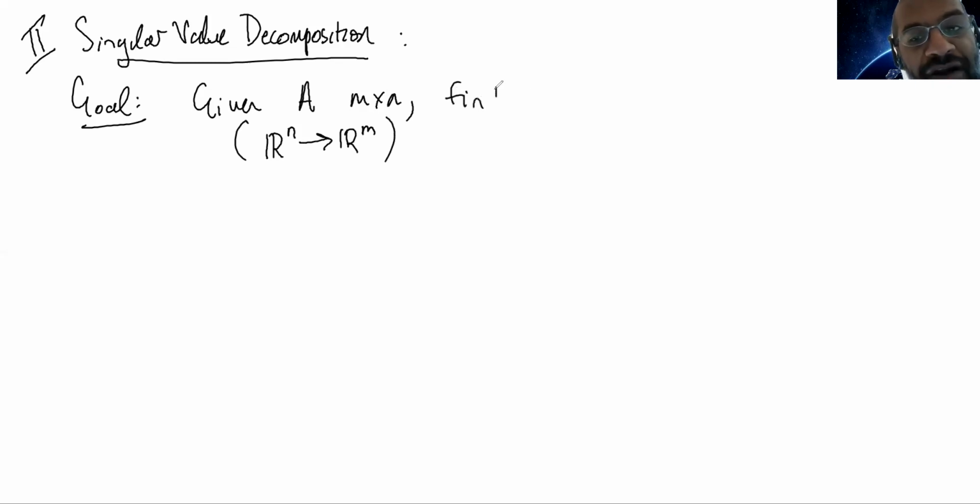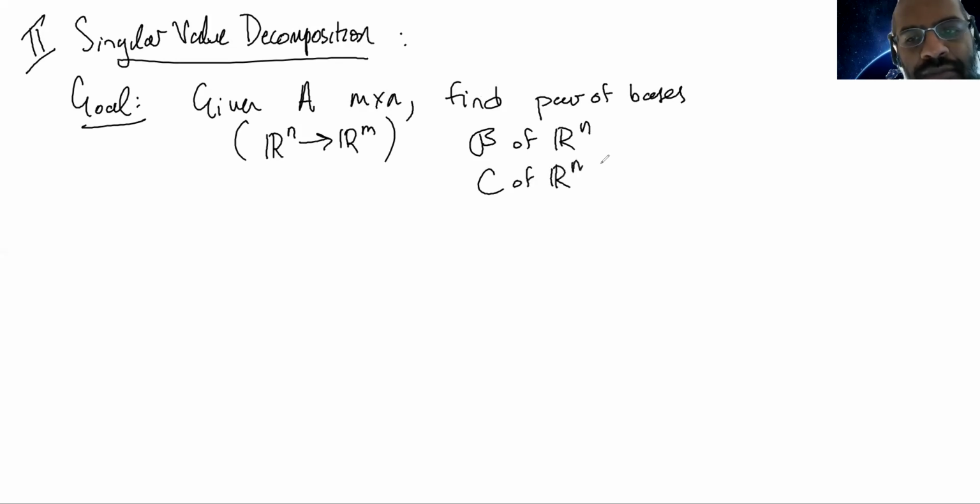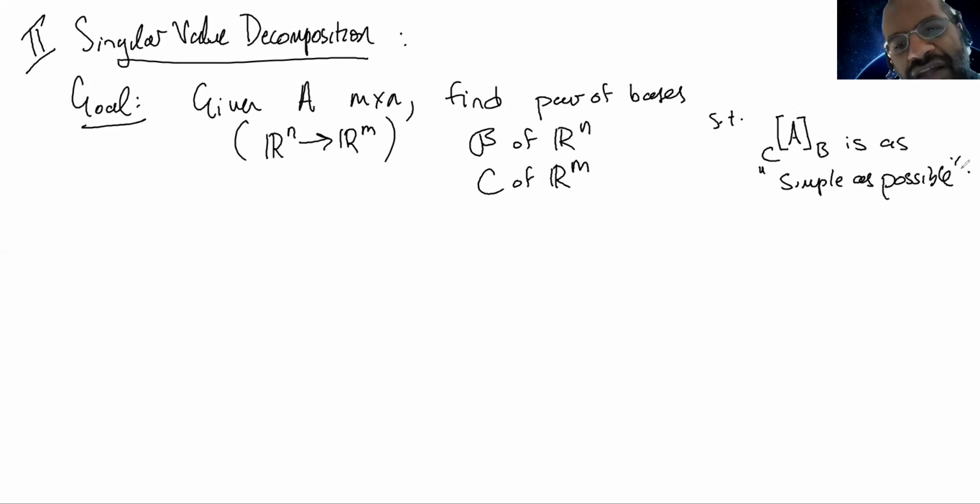You want to find a pair of bases, let's say B of Rn, the domain, and C of Rm, such that when you write this in these bases it is as simple as possible. Again, that will mean something like diagonal. Same goal that we started chapter 5 with.